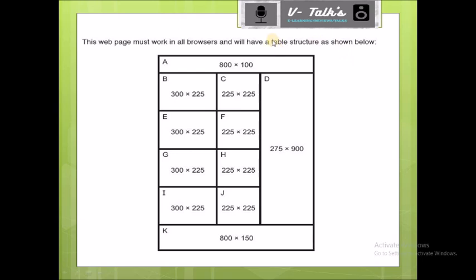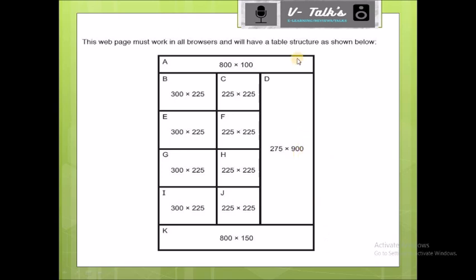How will you find out? It is very easy, just add it together. If you take the width, you can see the whole table's width is 800, because it's a whole table. You can see from left to right its width is 800. Now height, how will you calculate height? Here height is 100, here height is 900, here height is 150.